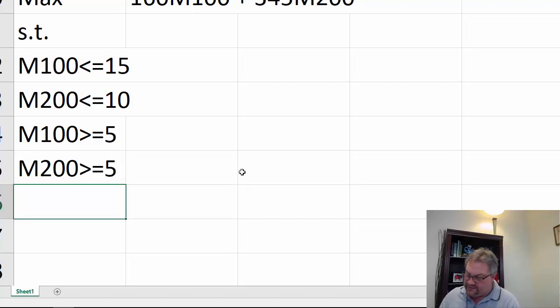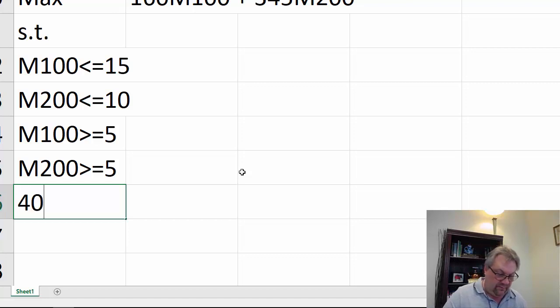And then my last constraint was the chemicals, right? The 1,000 pounds of chemicals. So the M100 uses 40 pounds of the raw material per hour.